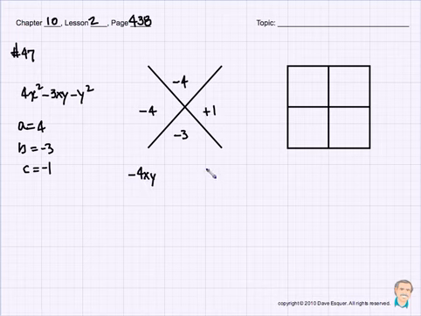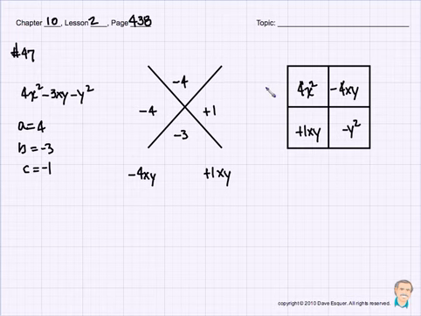So we have a minus 4xy, and we have a plus 1xy that we're going to have to put into our box. We have a 4x squared in the top, a minus y squared underneath. Let's place the minus 4xy up top, and the plus 1xy on the lower left.